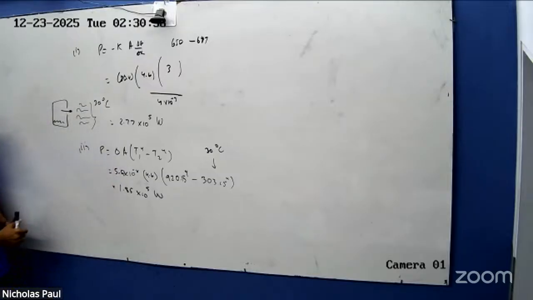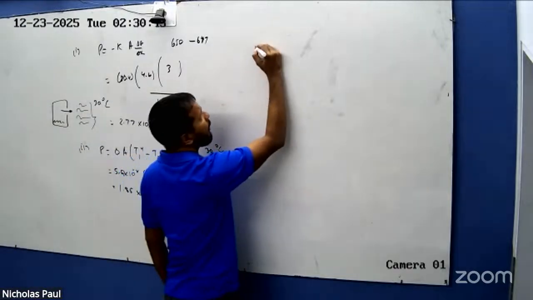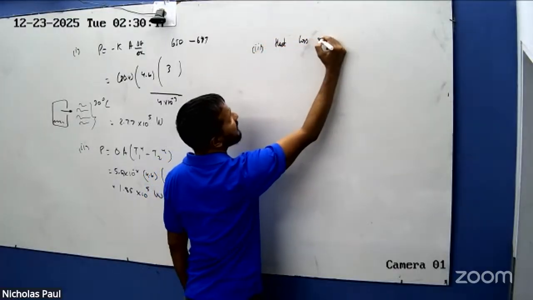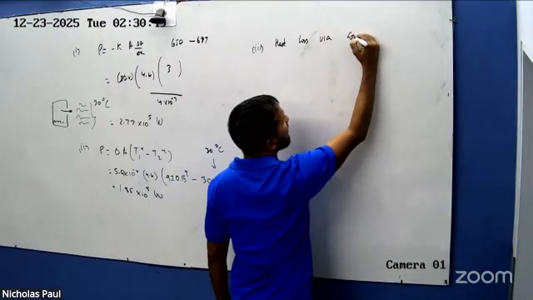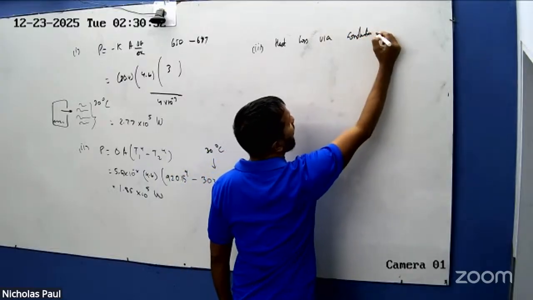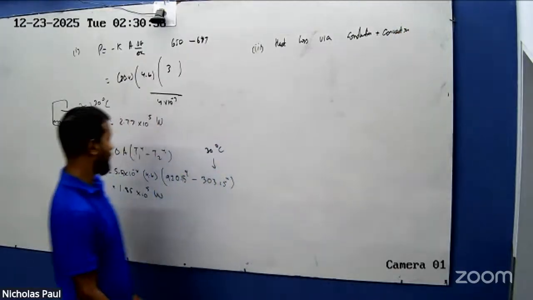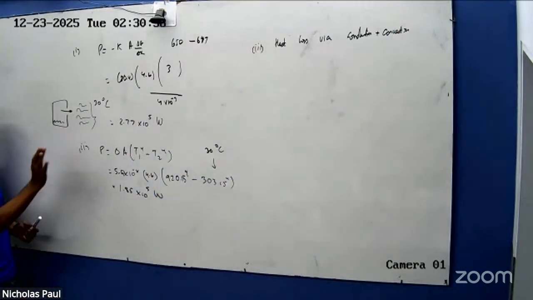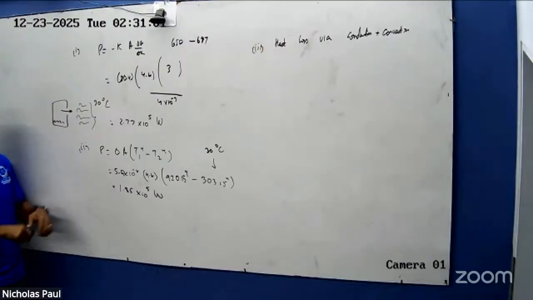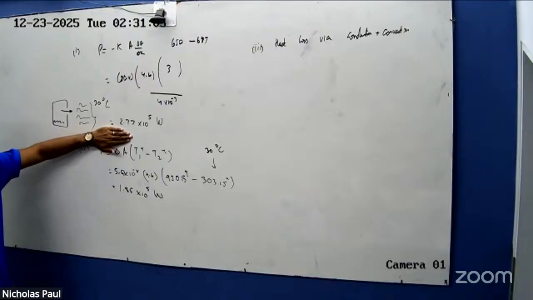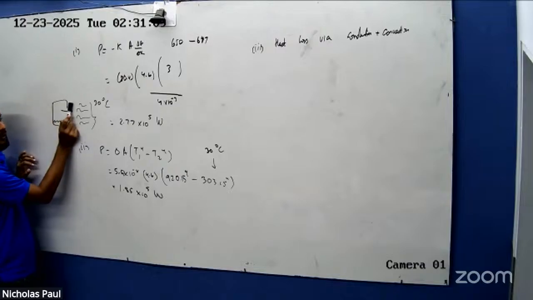Not minus. The question wants the heat loss via conduction and convection. So this value is radiation, right? This value here is what? Conduction. What will happen when the heat reaches out here?